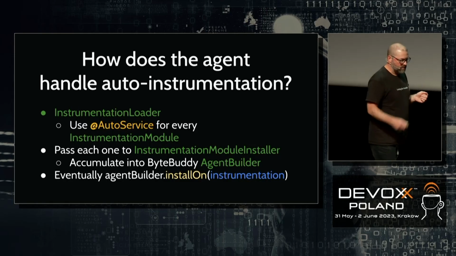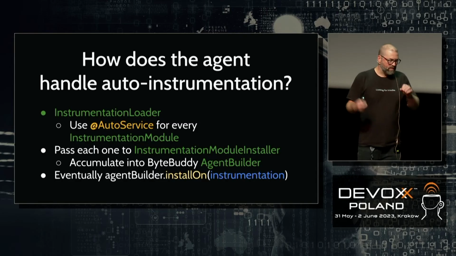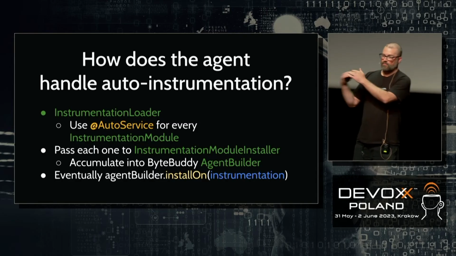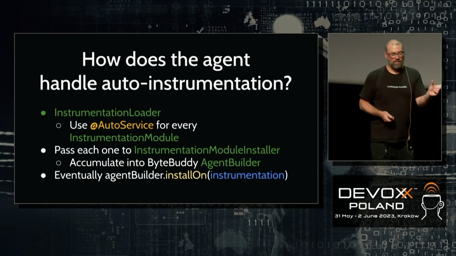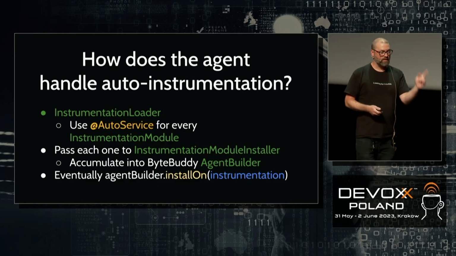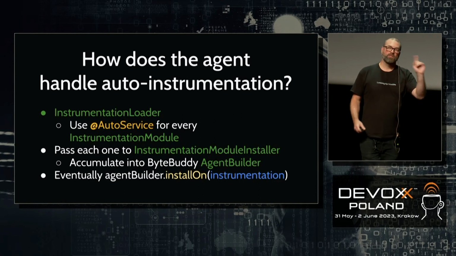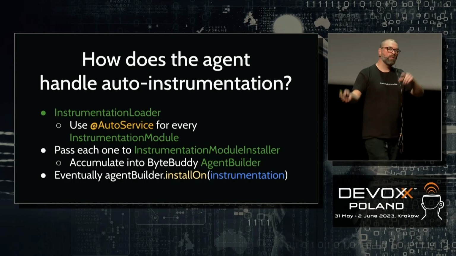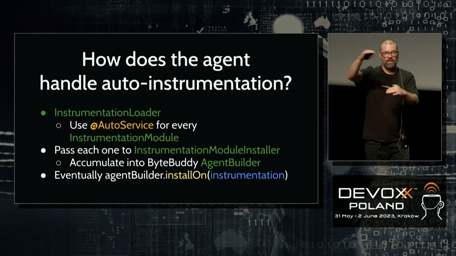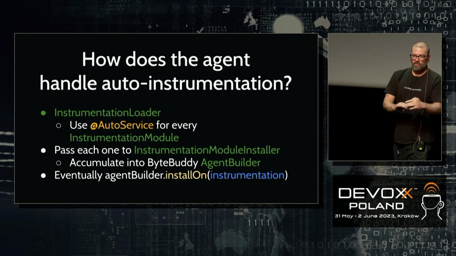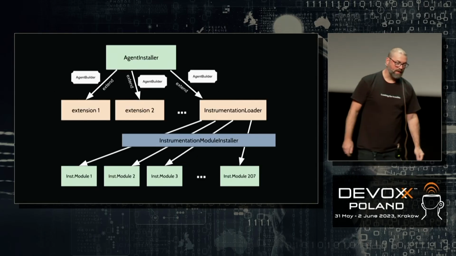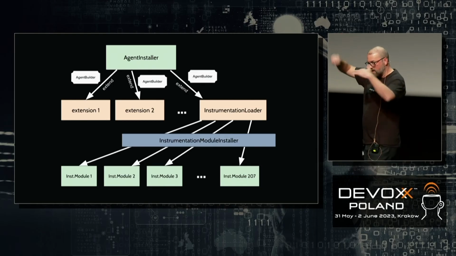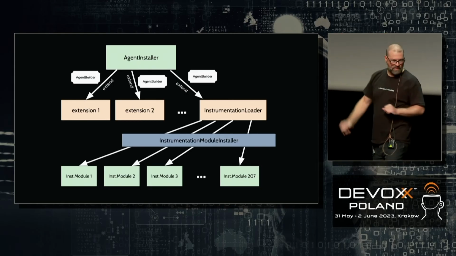And for each of those, we invoke it, and they do that sort of declarative aggregation into the ByteBuddy builder, and then eventually that ByteBuddy builder installs on that blue instrumentation, which is that instrumentation instance that we saw from pre-main. So we're all the way back now to pre-main. So we've done this work of finding instrumentation modules, loading all of our instrumentation, then finally, boom, installs it on the JDK's instrumentation class.